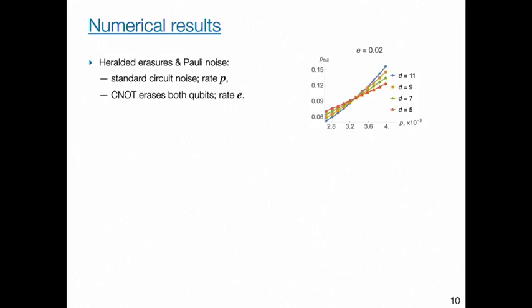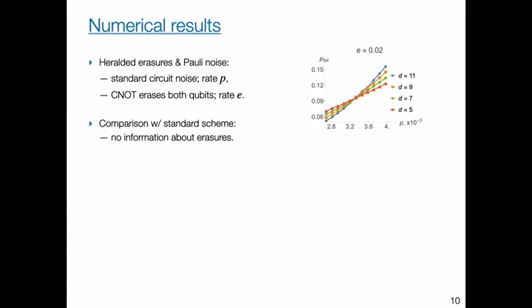What we actually did is we simulated the memory threshold of the surface code against the standard circuit noise. The errors happen in the standard circuit noise with probability P. And on top of that, we also added erasures. We assume that each CNOT gate can erase both qubits with probability E, and we know when this happens.